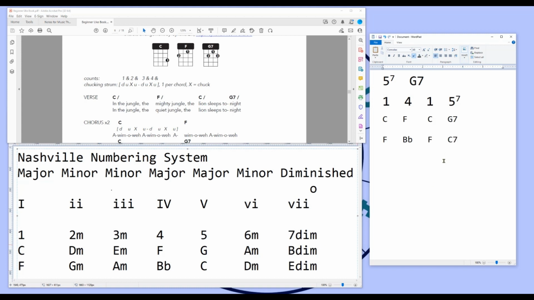Let me superscript that. No, sorry, no. Oh, it didn't. Oh, that's weird. Oh, I see what's going on. Sorry.